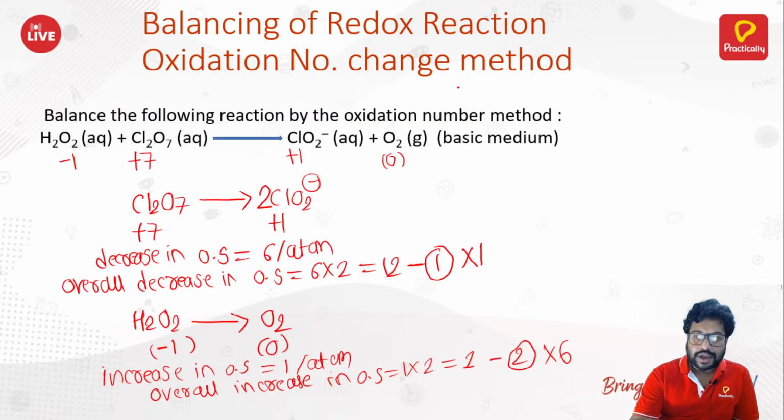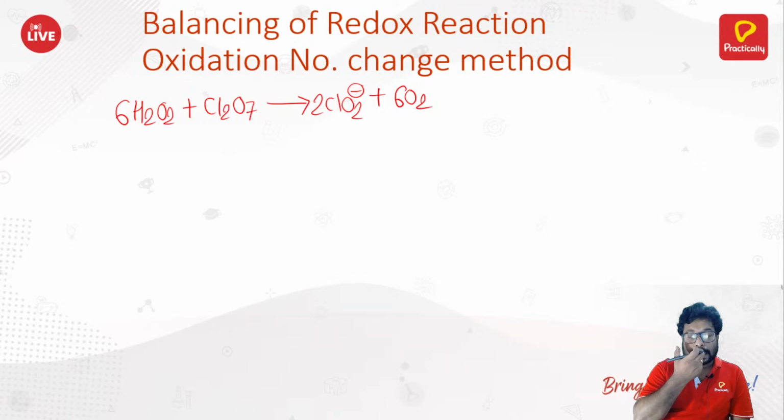So that is how you can balance this. Now this reaction is balanced in terms of increase and decrease in OS, but in other terms it is yet to be balanced. What are those other terms?